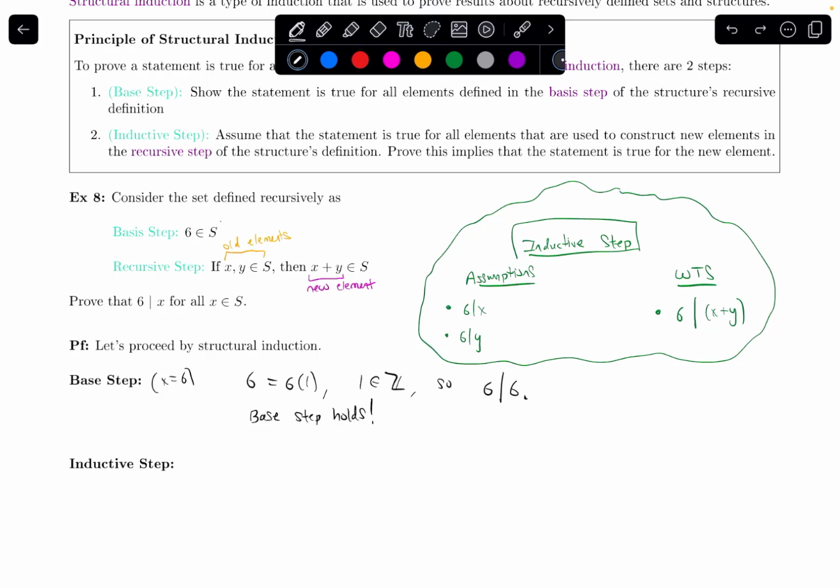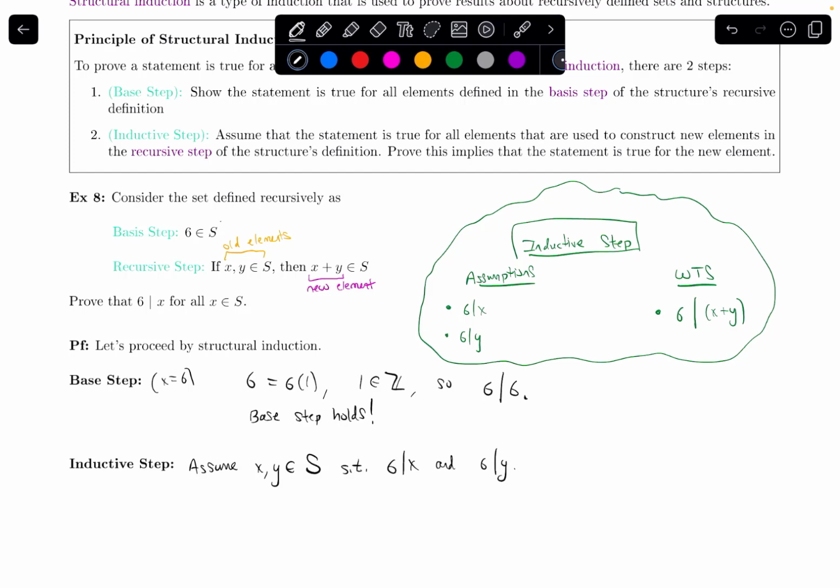So I'm going to assume that x and y are in S. We let these elements be these old elements in the set, and then I assume that this property holds for these two elements: that 6 divides x and 6 divides y. That is my inductive hypothesis.